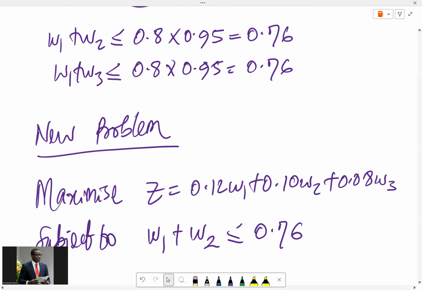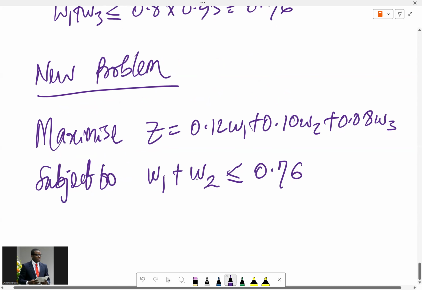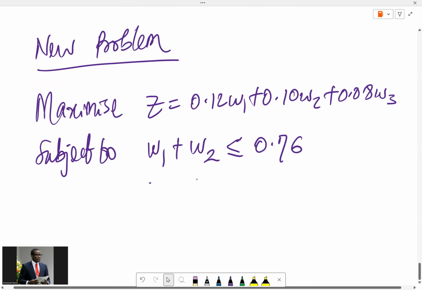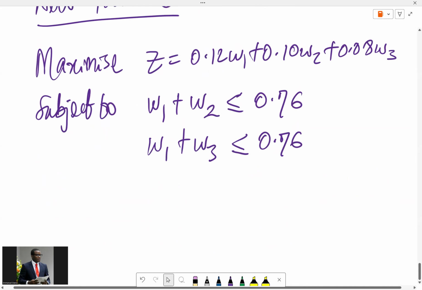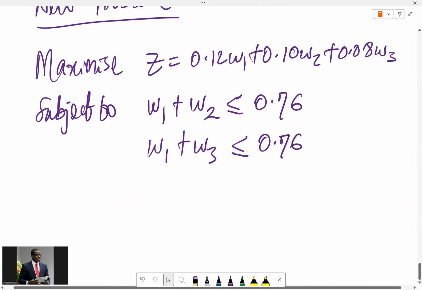You have literally shrunk the feasible region now. The feasible region is shrinking. And then you also have W1 plus W3 is less than or equal to 0.76 because you have shrunk it by 5%. So 0.76 is 95% of 0.8.